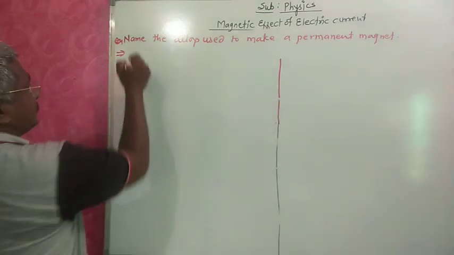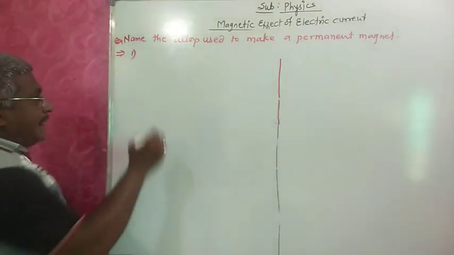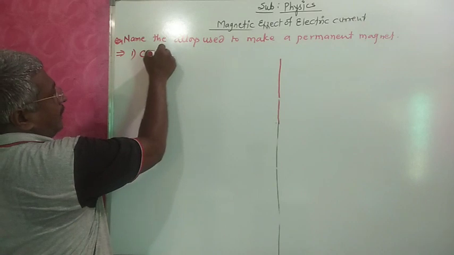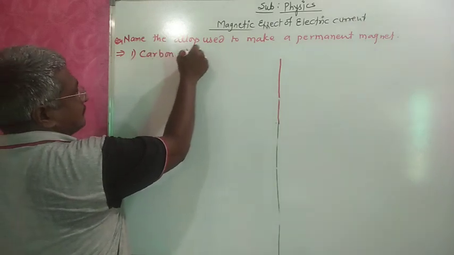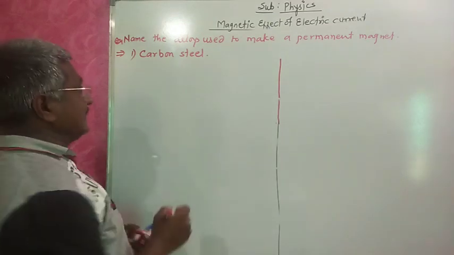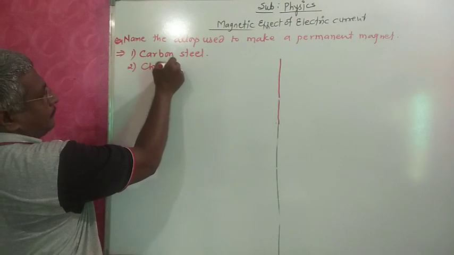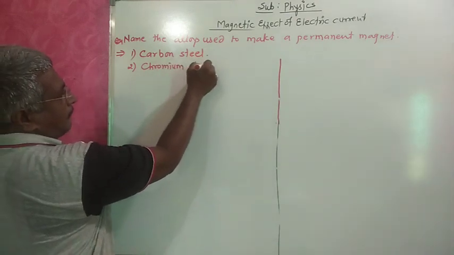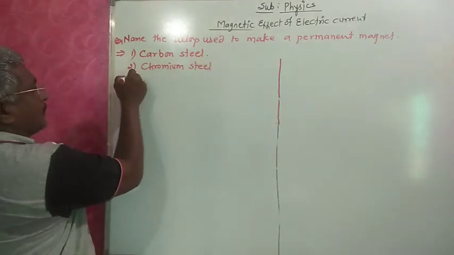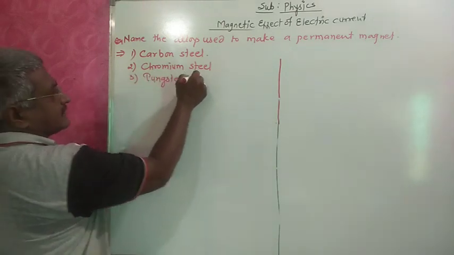Permanent magnets are made up of alloys: carbon steel. What is the name of that alloy? Carbon steel. Chromium steel. Tungsten steel.